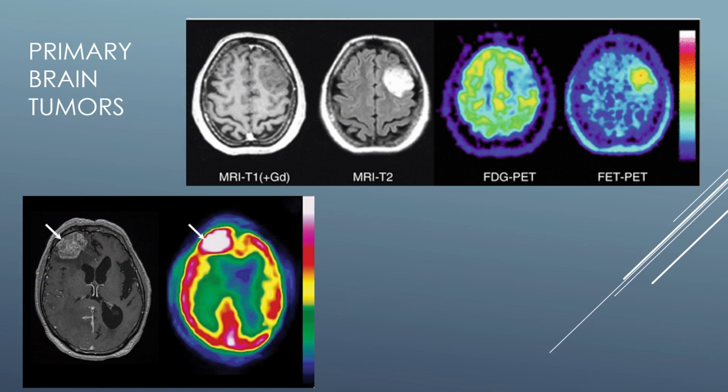And so it's not uncommon for primary brain tumors to just be a little messy when it comes to the FDG uptake. You'll have areas of hyper and hypoperfusion, and you may see areas of inflammation around it. It makes it difficult to actually see the tumor or assess the full tumor burden. And so there are other imaging agents that are coming out to be a little bit more specific for primary brain tumors.